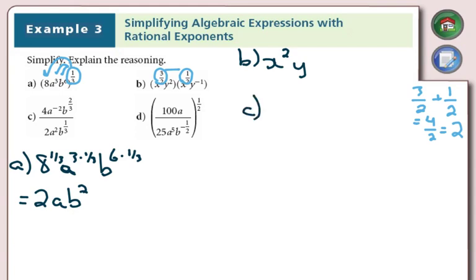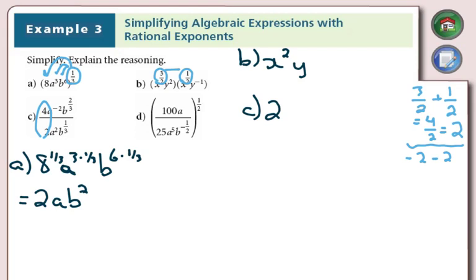For c, we're going to be subtracting exponents on the dividing, but we have the 4 and the 2 that don't have exponents on them. We'll treat them like regular numbers. 4 divided by 2 is 2. Subtract the exponents on the a's. We would have -2 minus 2.